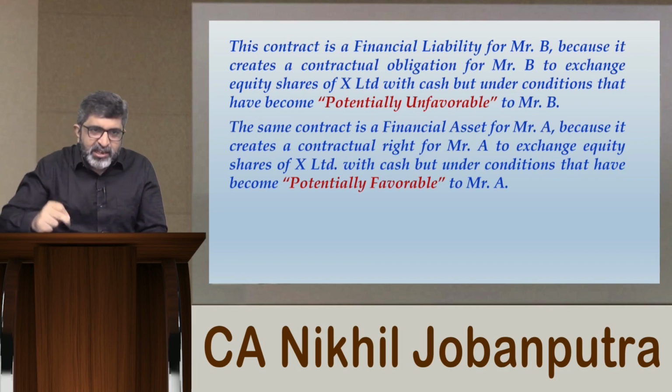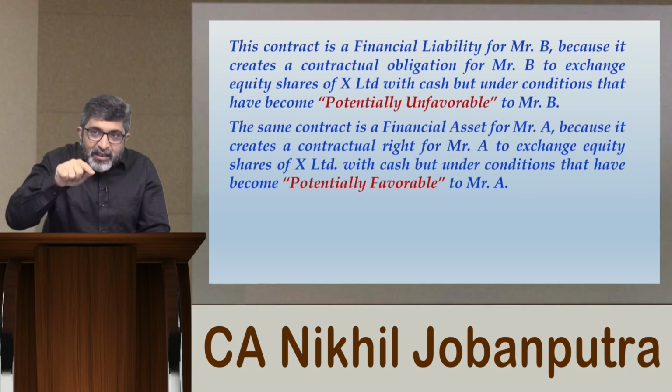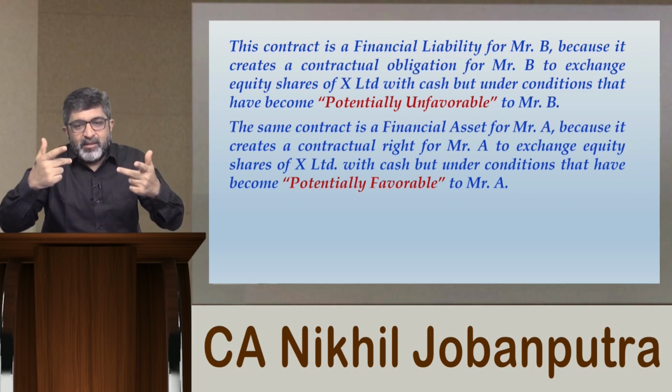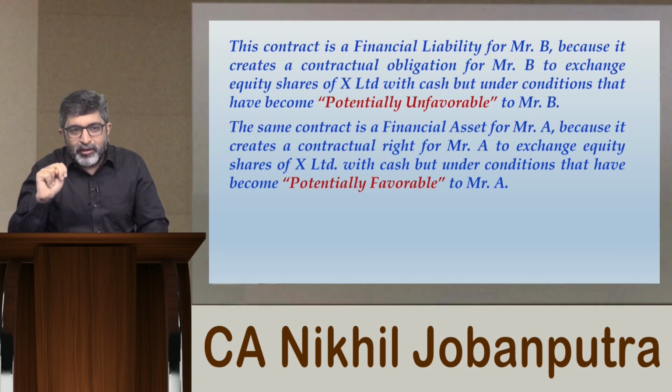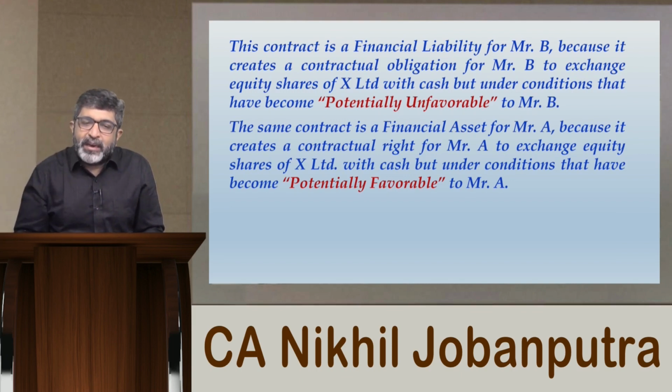Obviously, what will happen? A will be having an increase in his margin by that difference of 20,000, B will be having a reduction in his margin by that 20,000.